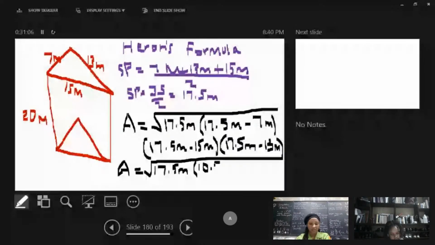And what's the 17.5 minus 15? 2.5. And the 17.5 minus 13? 4.5. All right, so multiply these 4 together. So it's 17.5 times 10.5 times 2.5 times 4.5.